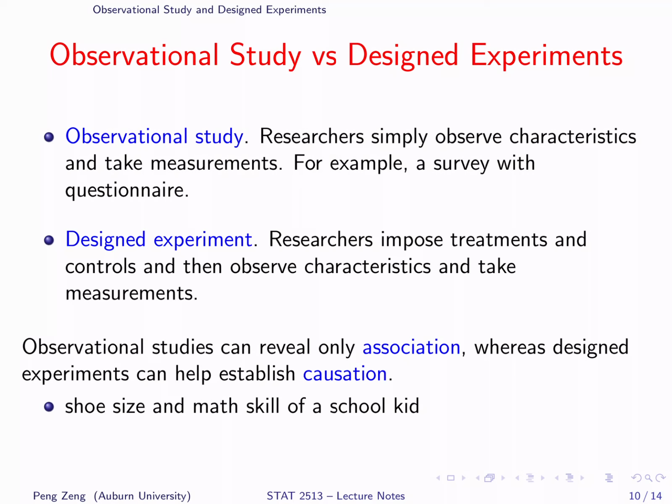Clearly, they have no causation relationship. The shoe size and math skill increase together, but both of them increase as the kid grows up. However, in practice, people may not realize the difference between association and causation and draw a wrong conclusion.